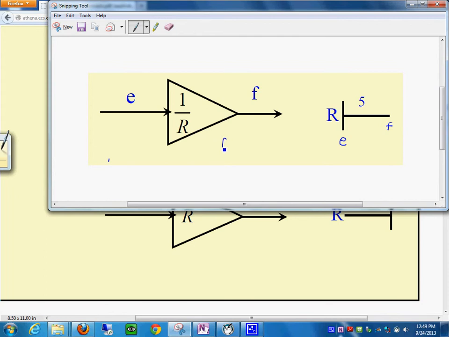So that means that F is equal to 1 over R times this.